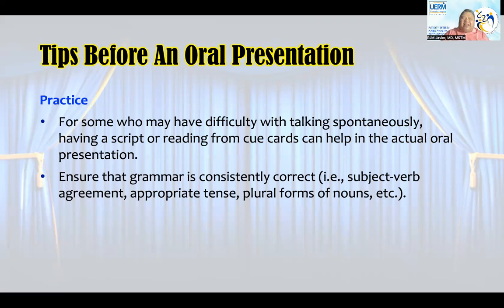So again, this is something that is more commonly encountered among Filipino presenters. We are quite particular with the grammar whenever we present in scientific fora or conferences, especially outside of the Philippines.